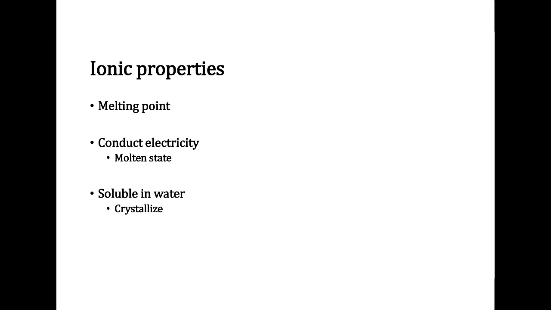If you have a really strong interaction, your melting points are going to be really high. Whenever we think about ionic properties, think about salt. When we set salt out on the ground, it doesn't just start to boil or anything. It doesn't melt. So we're going to think about ionic compounds as having really high melting points.